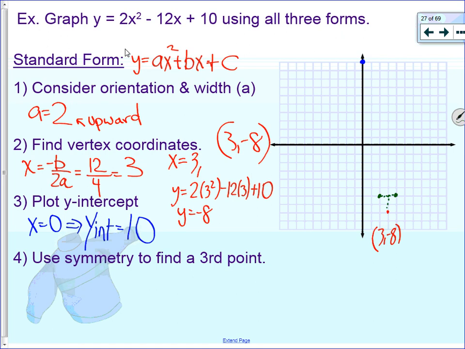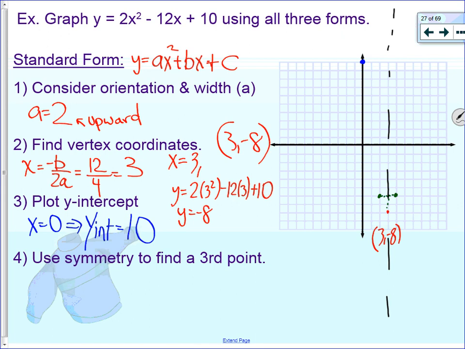Now, do you guys notice that my y-intercept is 1, 2, 3 units off of my axis of symmetry? Do you see that it's 3 away? So that means I have a corresponding point 1, 2, 3 units on the other side, because a parabola is very symmetric, in terms of vertical symmetry in this case. So if you have a point 3 units away on the left, you also have a point 3 units away on the right. So you can add that to the mix.